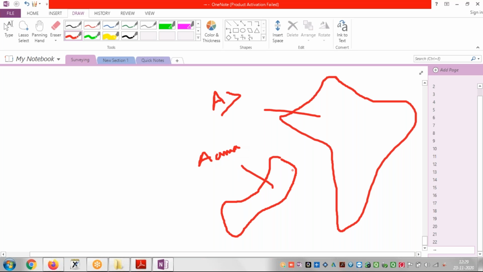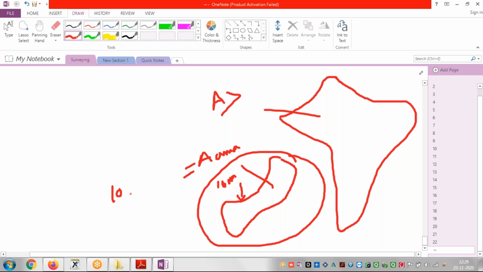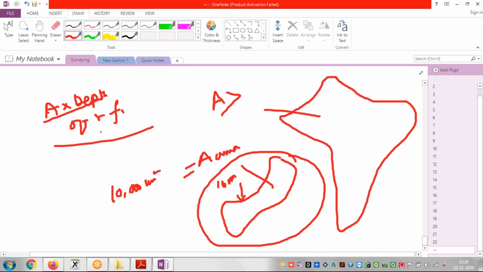If the area is more, then it will contribute more water. Whatever the rainfall, if 10 mm rainfall is occurring here, and I say the area of Oman is, for example, 10,000 square kilometers, right? If I multiply the area of this land with the depth of rainfall, what will I get?